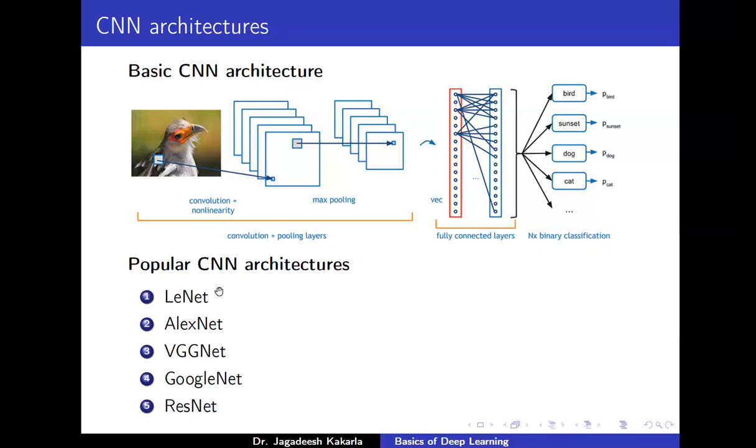This means the number of layers in the ResNet. If it is ResNet 18, I will say that 18 layers are there in the model. If it is ResNet 50, I will say that 50 layers are there in the network. If it is GoogleNet, the number of layers will be different. If it is VGGNet, it will be different. If it is AlexNet, it will be different. But the complex one is the ResNet, because the number of layers will be more in this one.